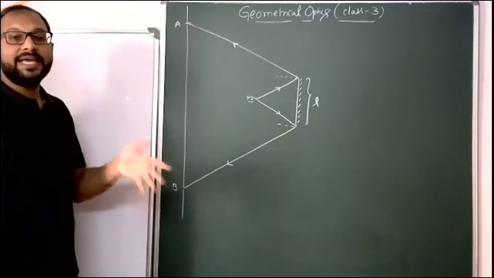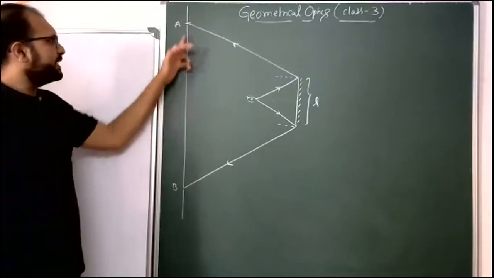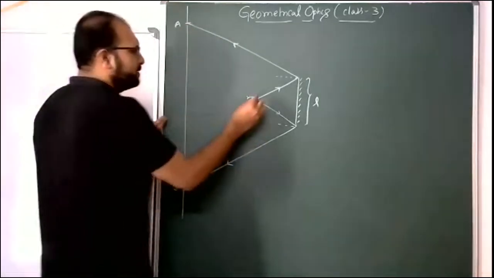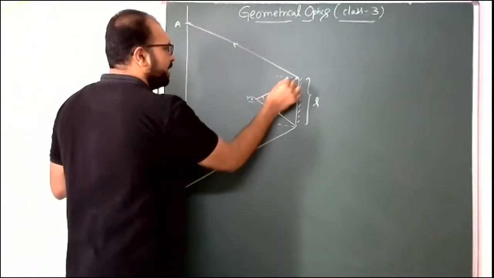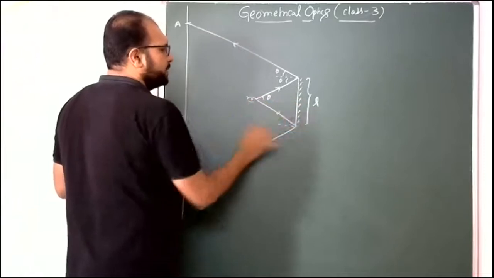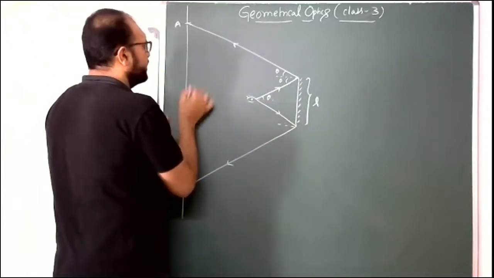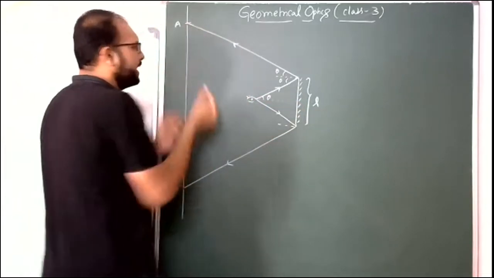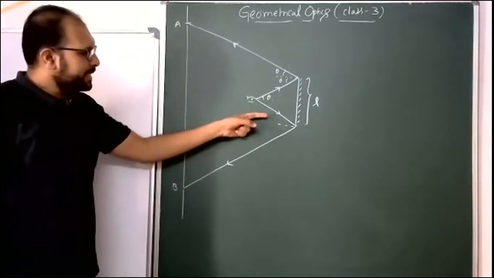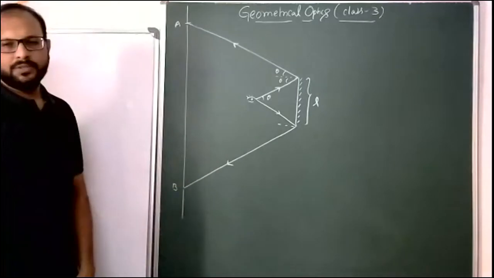This is what we did yesterday. But for the determination of A to B, directly you can find it out. It is theta, theta, theta. This distance we know, so this distance also we know. That's why from here to here you can find out by using the triangle principle. Same similar concept down also.